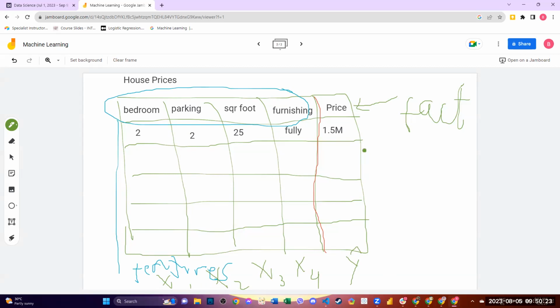All right? So the independent variables are the features such as bedroom, parking, square foot, furnishing, and our dependent variable is the price. So because of the given x's, we will provide the fact, which is y.